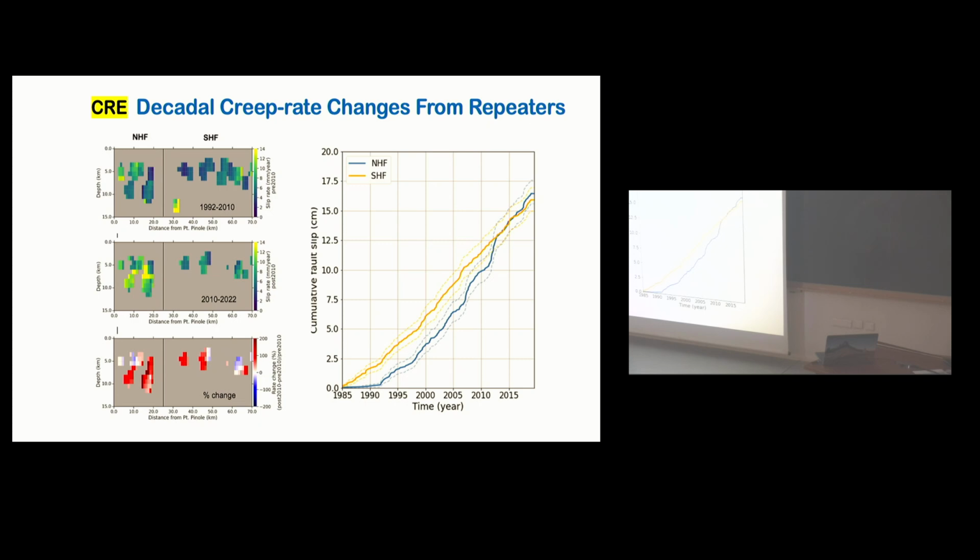And if we divide up the repeating earthquakes similarly into pre-2010, post-2010, and then look at the difference in percent, you can see almost all the patches where there were enough repeaters both before and after that arbitrary dividing line, they now apparently have a faster slip rate. And if we take all the repeaters in the northern Hayward Fault and the southern Hayward Fault, that gives us a lot of them.